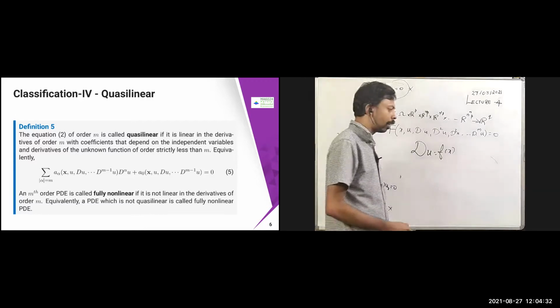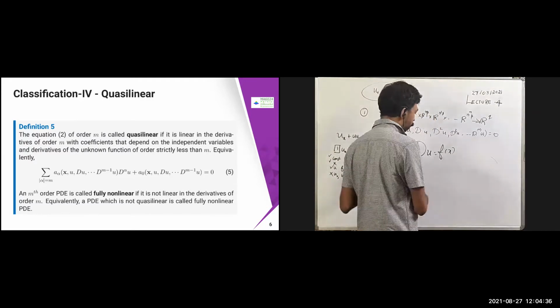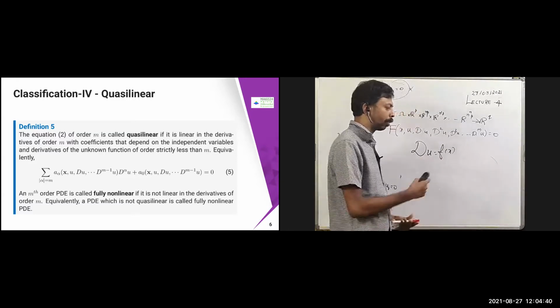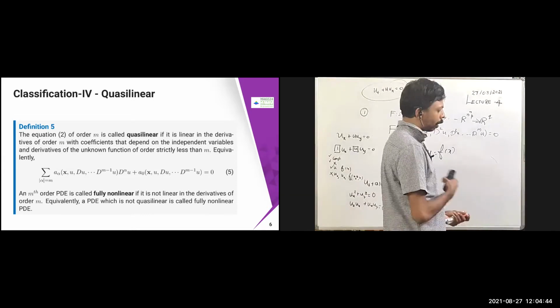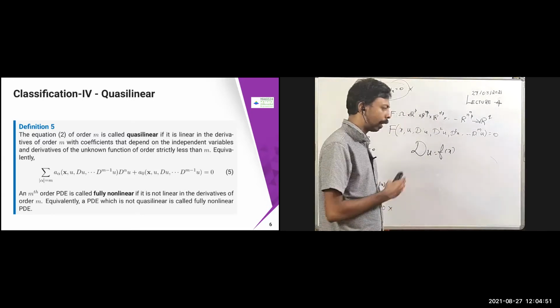Otherwise, we say it is a fully non-linear PDE. It means the independent variables and derivatives of the unknown function can appear, but it should not be a function of the mth order derivative. It can be a function of the lower derivatives. And I don't worry about the remaining coefficients; those can again be functions of x, u, etc.